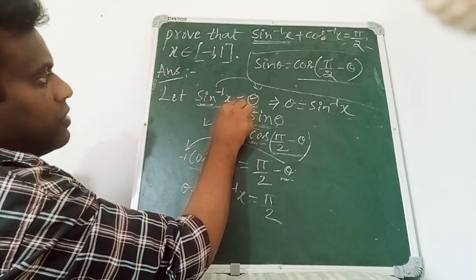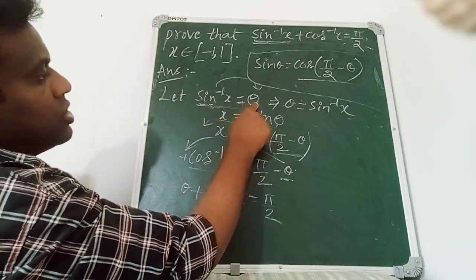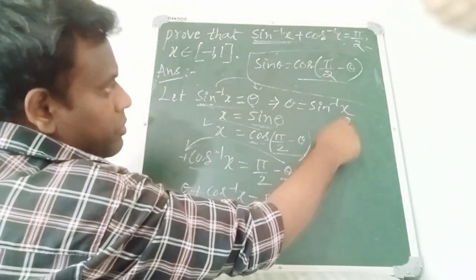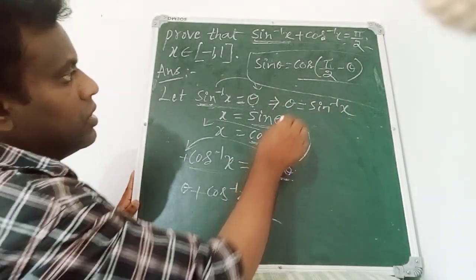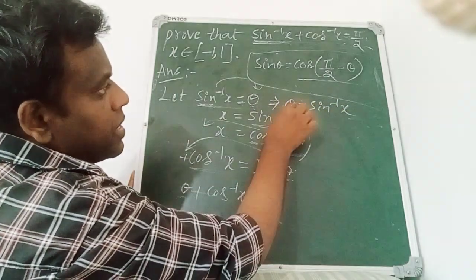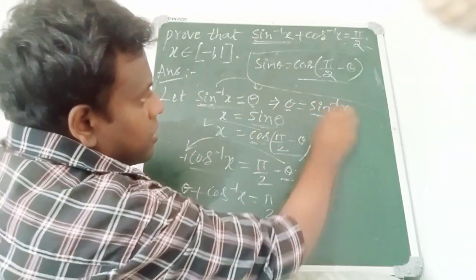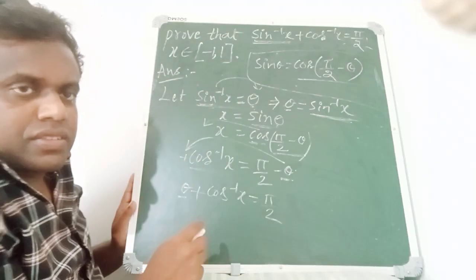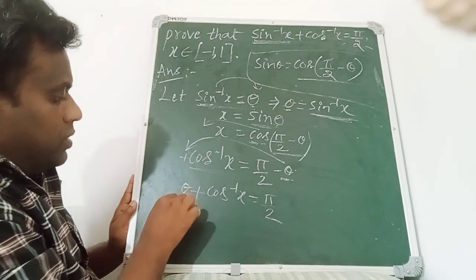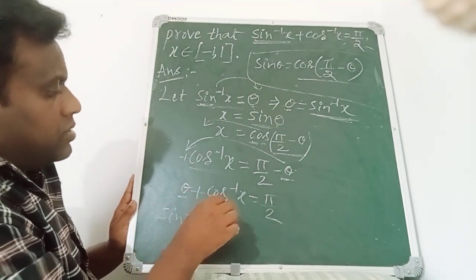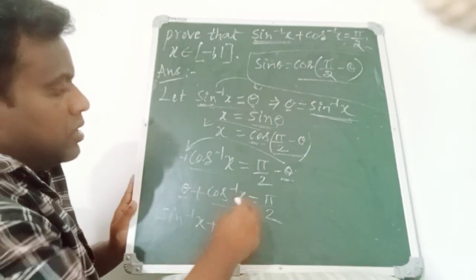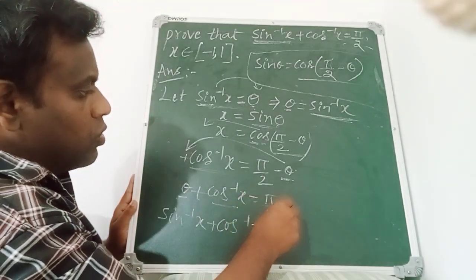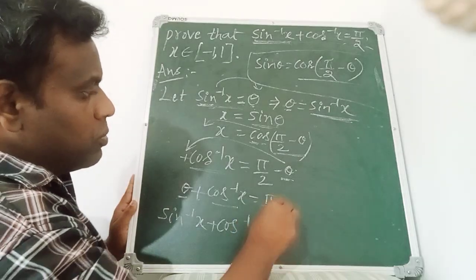So when I interchange, I get theta is equal to sin inverse of x. Now, since theta is equal to this, in place of theta I will substitute sin inverse of x. Next this plus, next this cos inverse x is equal to pi by 2.